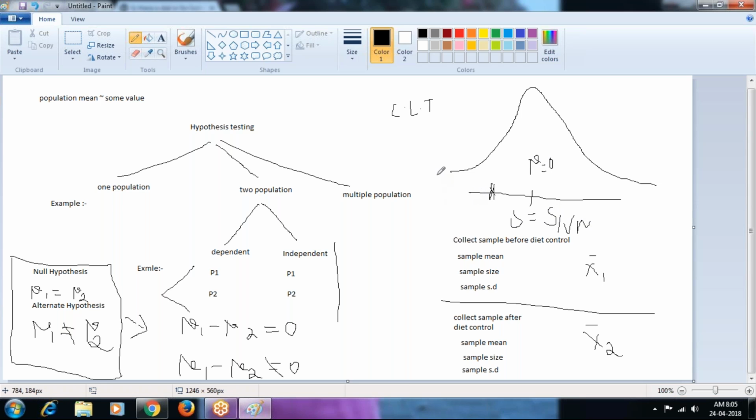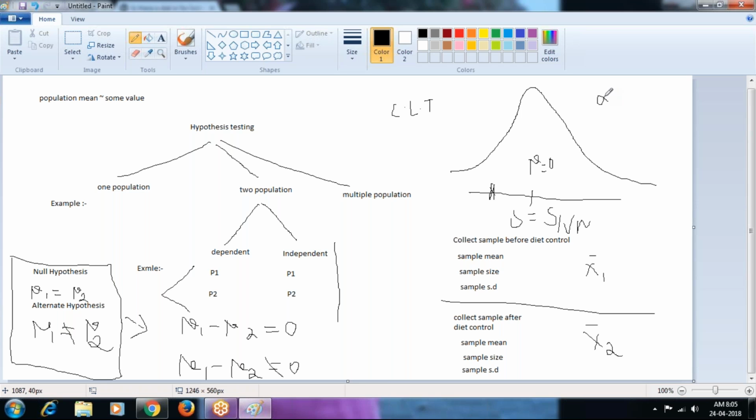Right. Now what I'm going to do is set up the hypothesis testing. So when you collect one sample, let's say I have a confidence level of 95%, or you can say critical error.